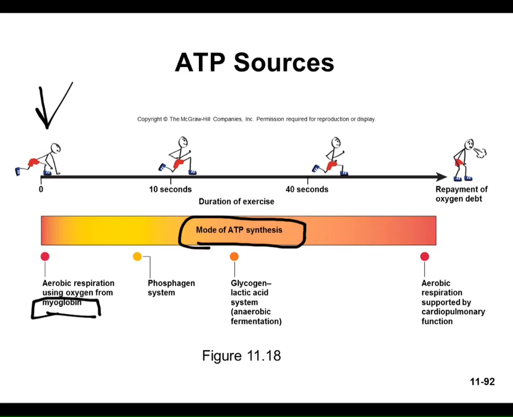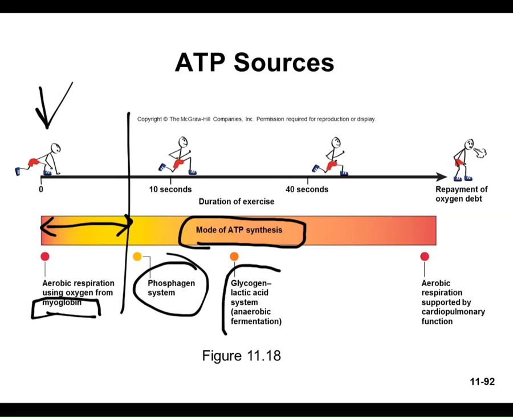So then, during the first few seconds, right, we're going to have our ATP because we've got oxygen available. But then, and these are rough numbers, within the first 10 seconds or so, we're going to switch over to a phosphagen system, and I'll describe that to you in a moment. And then a little bit later on, we're now going to be in a state of anaerobic.